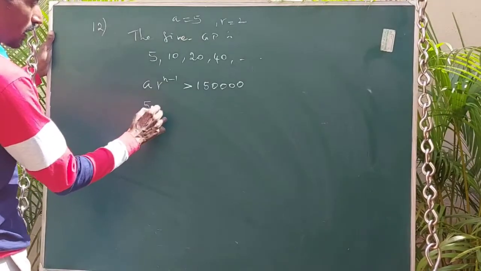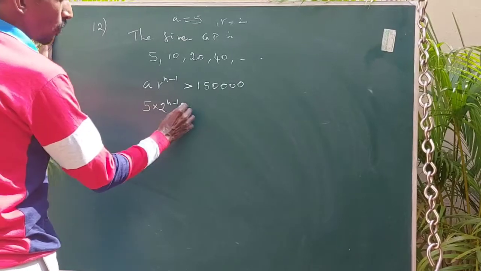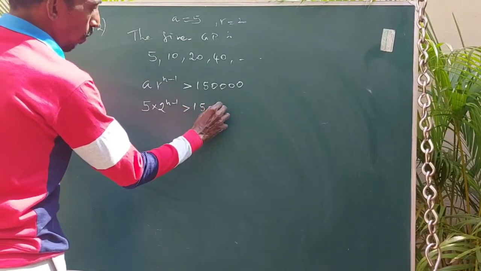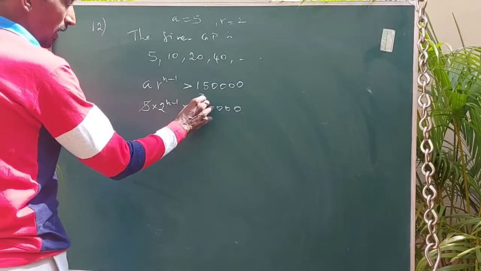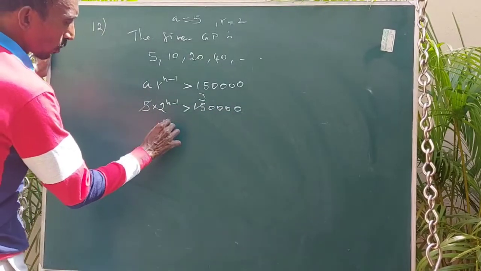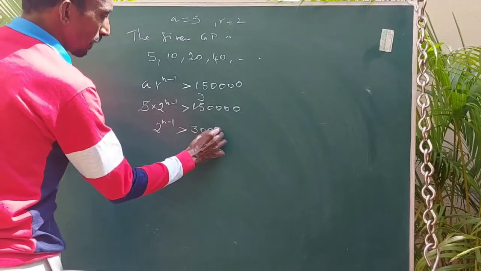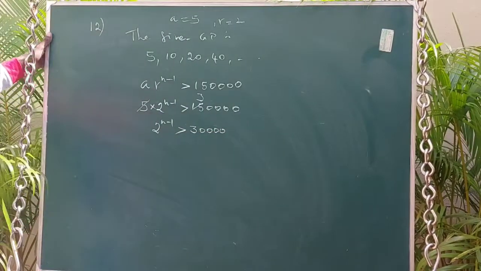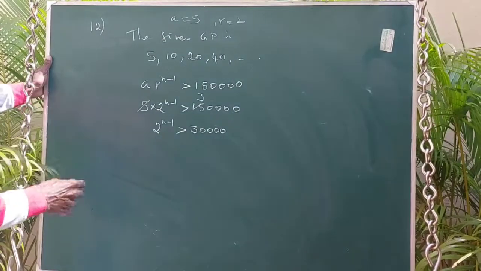So 5 into 2 power n minus 1 greater than 1,50,000. So we can cancel 5. So 2 power n minus 1 greater than 30,000. Okay. So we have to solve this one.